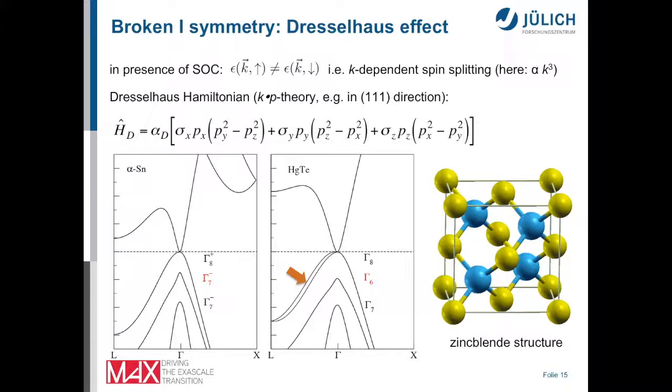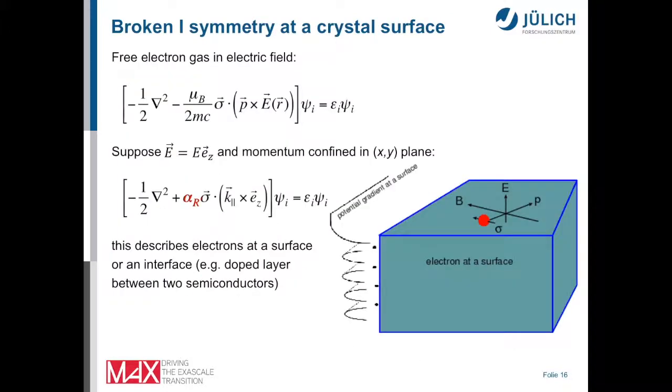Now, there are other cases where spin splittings can appear, for example, on a surface. If you think I have an electron that moves on a crystal surface, and then on the crystal surface we also have an electric field because we have a potential gradient, and an electron moving through this electric field sees a B field which is perpendicular to the electric field and the propagation direction, and then the spin will couple to this B field here.